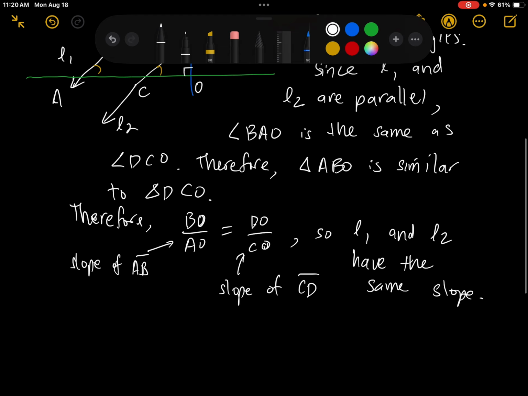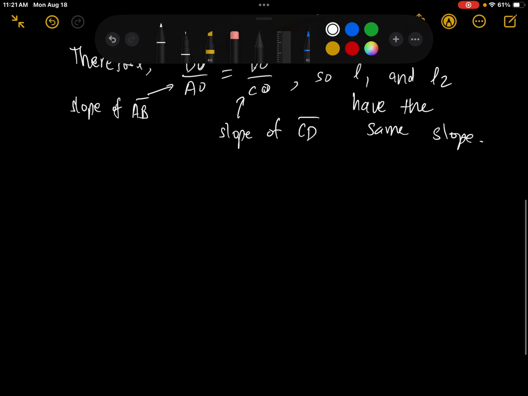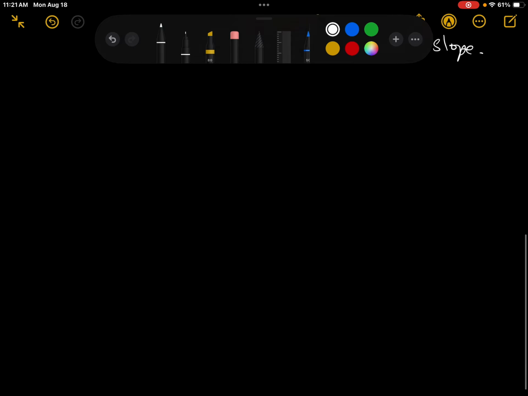So if you have two parallel lines, they must have the same slope, which makes sense intuitively because the slope is the measure of the steepness of a line. And if you have two parallel lines, when you draw the picture, you can see that they will have the same steepness. So intuitively, that's why parallel lines should have the same slope. It would be surprising if they somehow had different slopes.